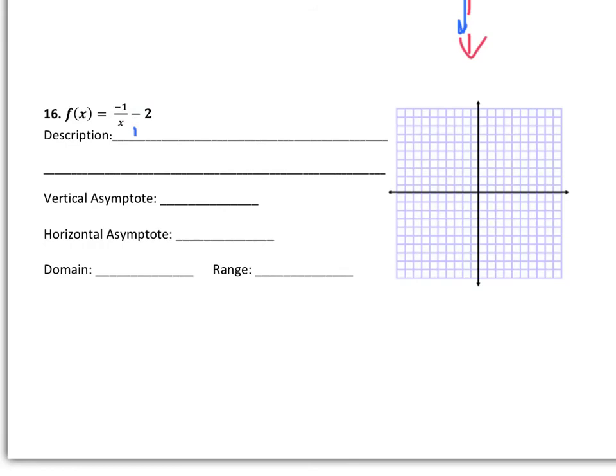So we're going to say it reflects over the x-axis and shifts down 2.